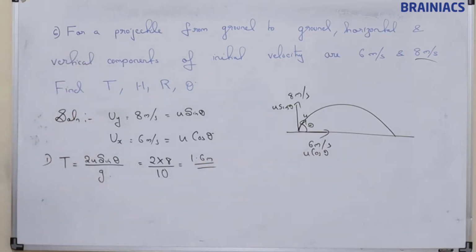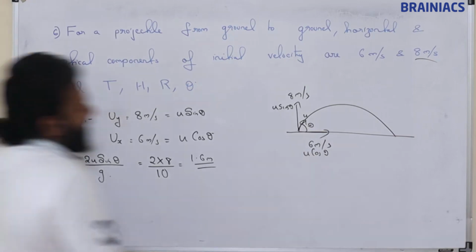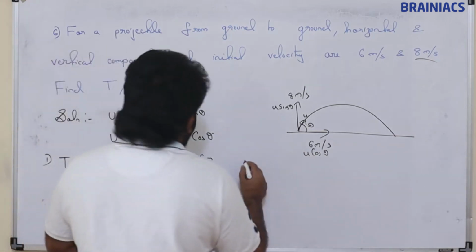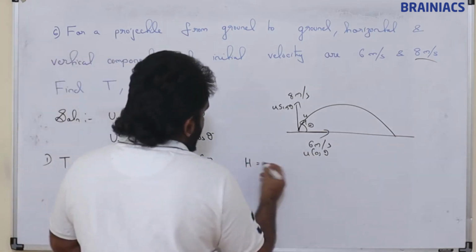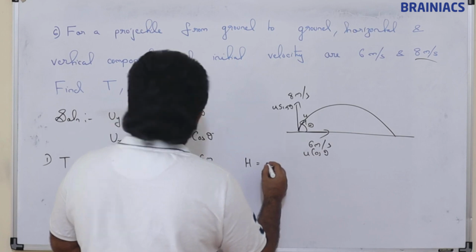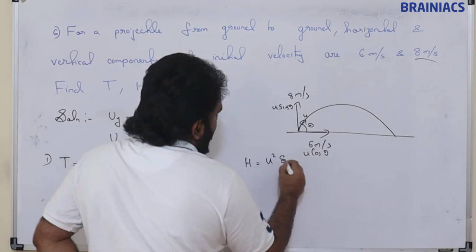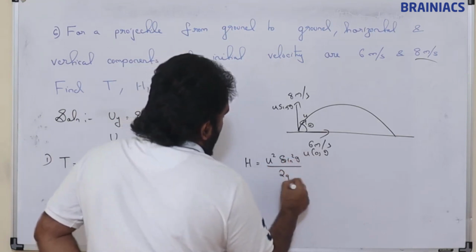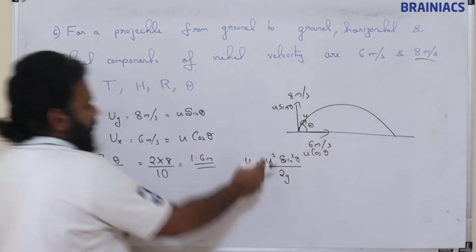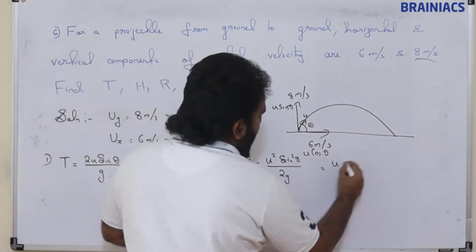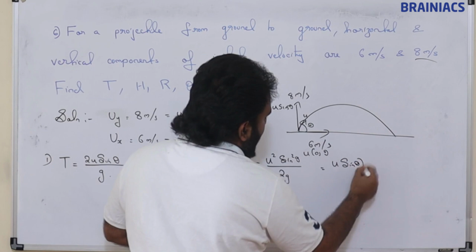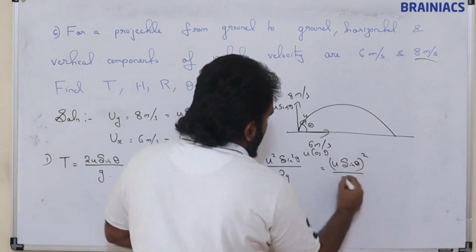Same way, if we take maximum height, what is the relation? U square sine square theta divided by 2g, which is nothing but u sine theta the whole square divided by 2g.